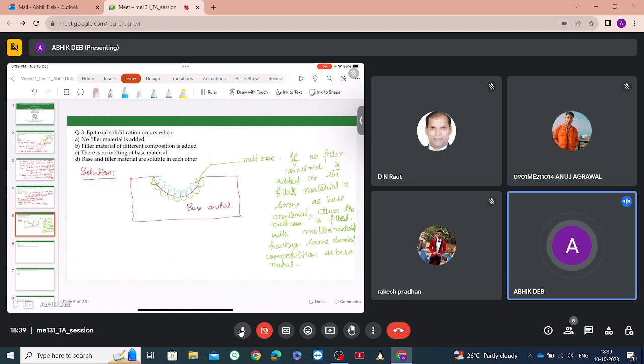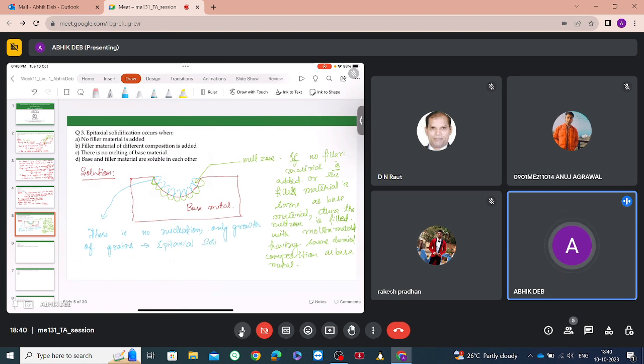There will be no nucleation, only growth of grains. This is called epitaxial solidification.